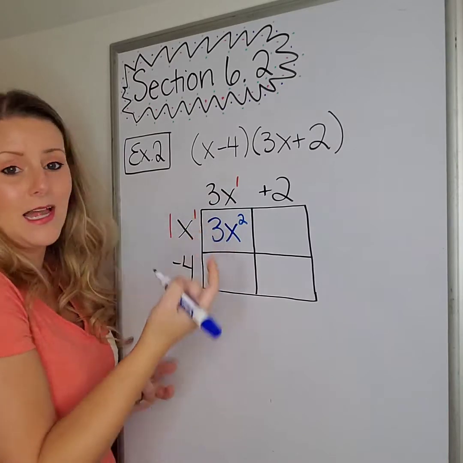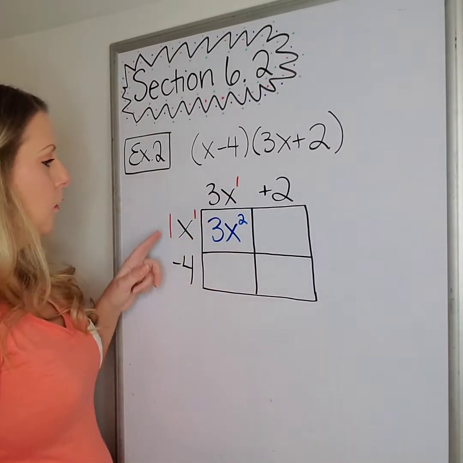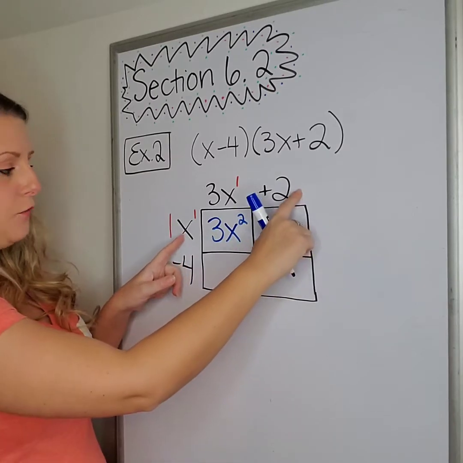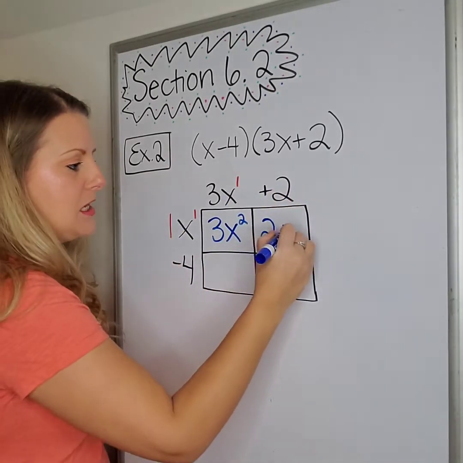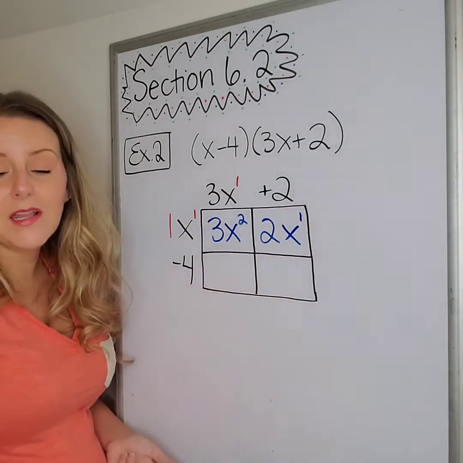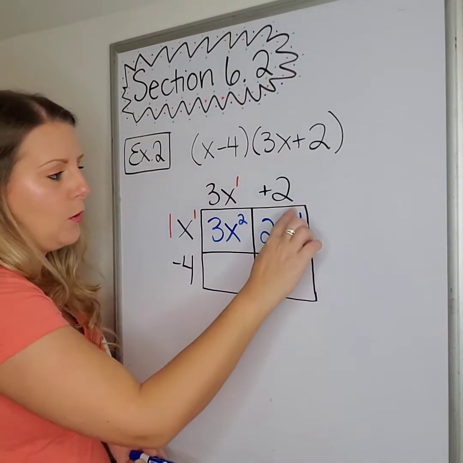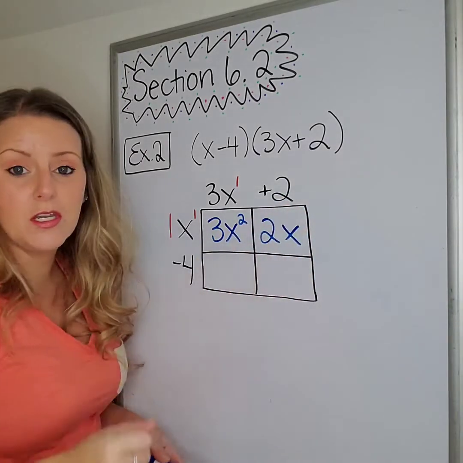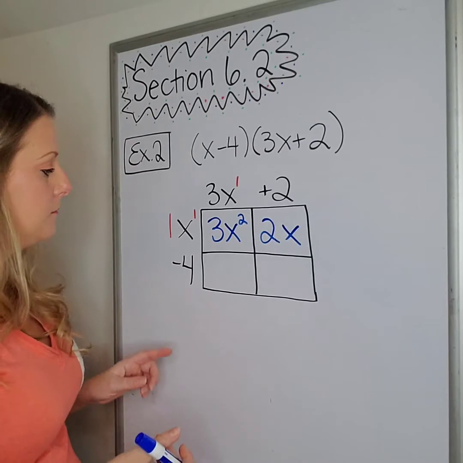X times x is x squared, okay? 1 times 2 is 2. And we don't have any x over here to add with this x, so we just keep it an x. And if you want, you can put the little 1 here, but it's not really necessary at this point anymore. We usually just write 2x. We don't write 2x to the first. So you can just get rid of the imaginary 1 at this point.